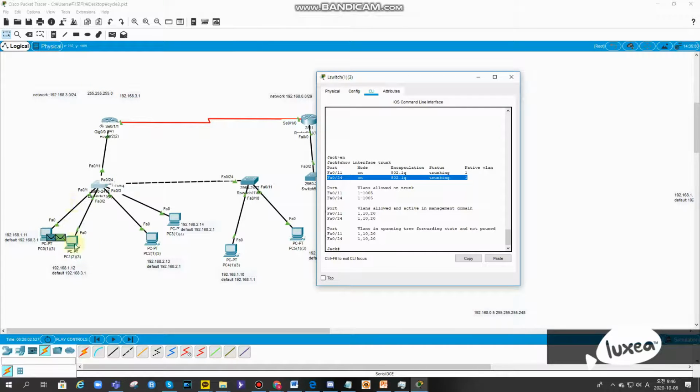So we made a trunk in here, and a different trunk in here, and it will send the data to a different switch, and it will gather together, and it will go to the router, which means that it is trunk. And let's see, VLANs allowed on trunk, FastEthernet 0/11. So it generally just shows the information about the trunk system if we did the trunk.